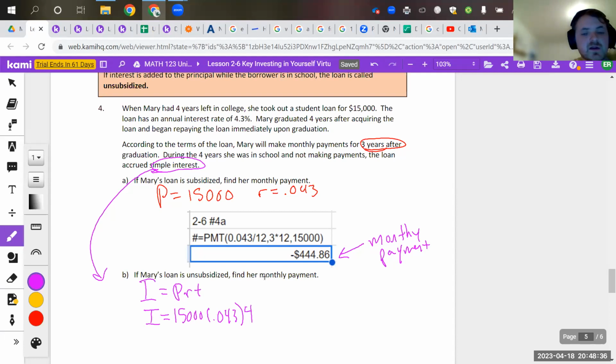Okay. So she's got accrued interest of $2,500.